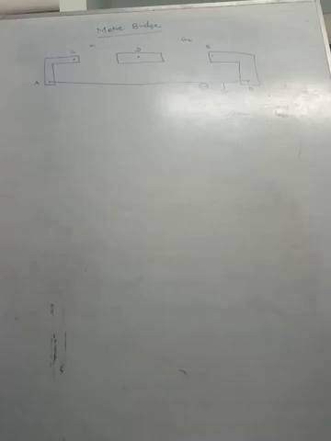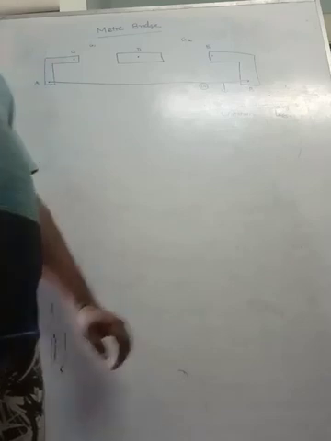But here the alpha is very small. That means even if the temperature increases, the value of resistance will be constant. It gives a constant resistance. Due to that reason, we use manganese or Constantan, which has a very small alpha value.